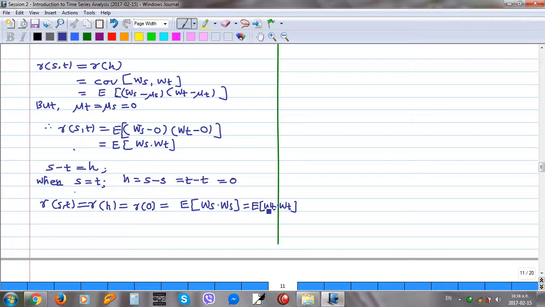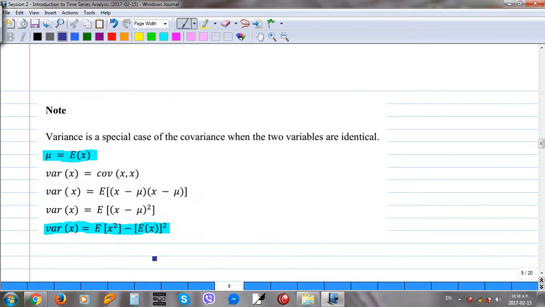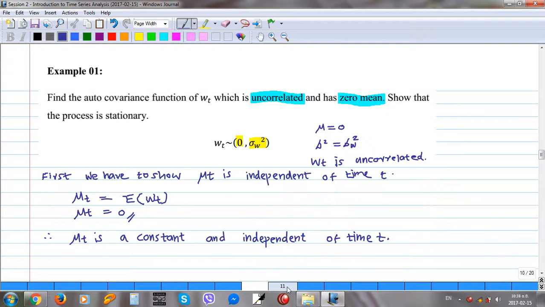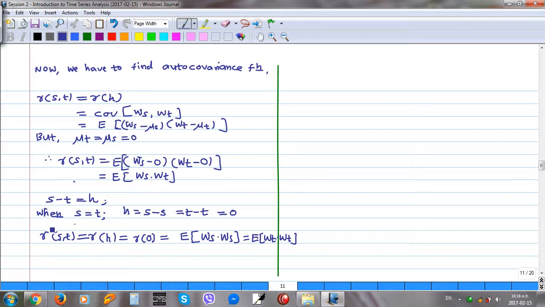So what is this? This is the variance, right? E of w t squared means variance. Here, if the same term comes 2 times, the autocovariance equals the variance. So gamma 0 equals the variance, right?